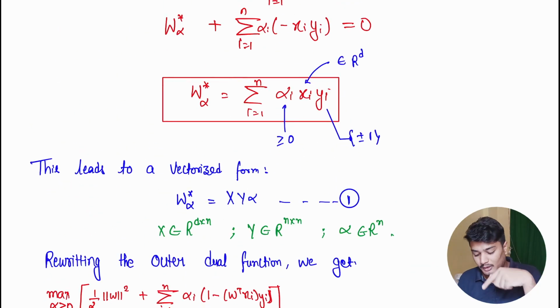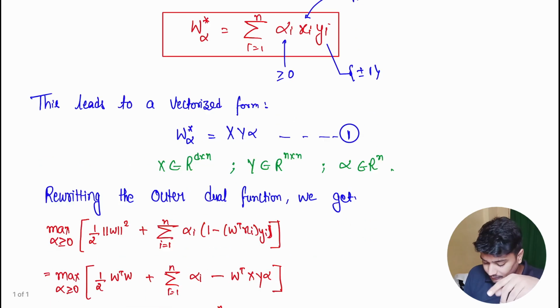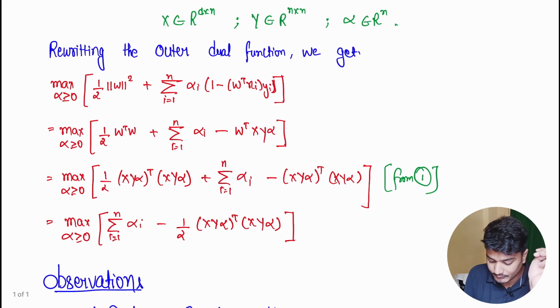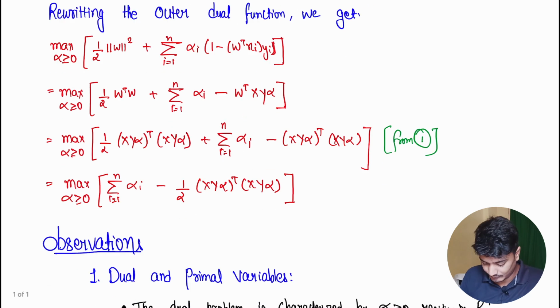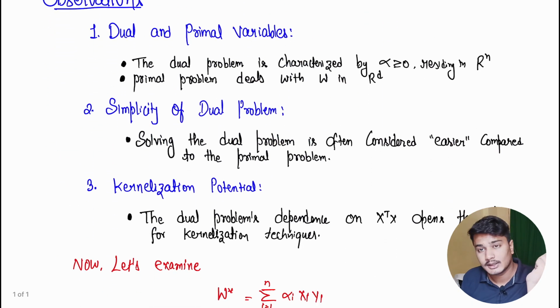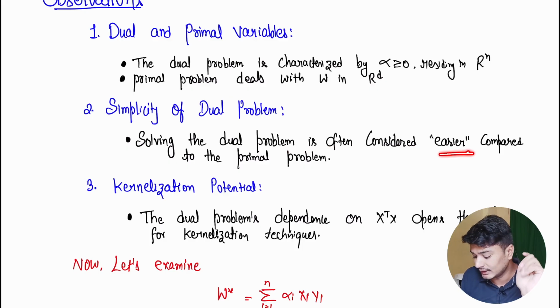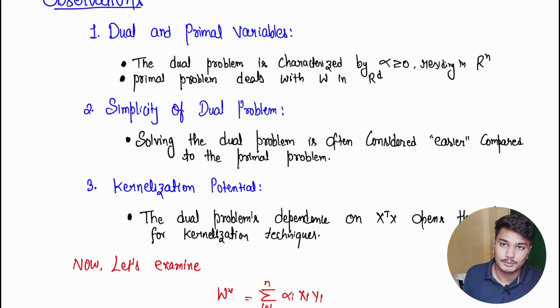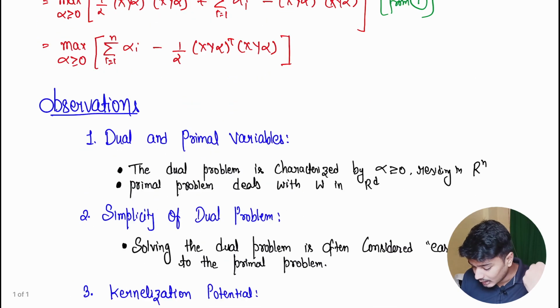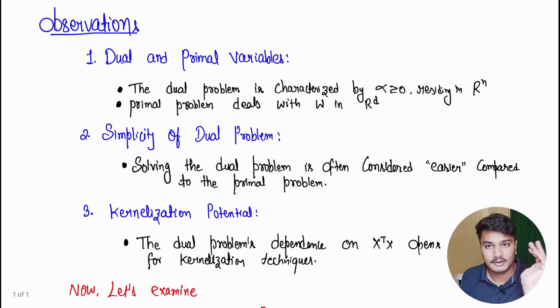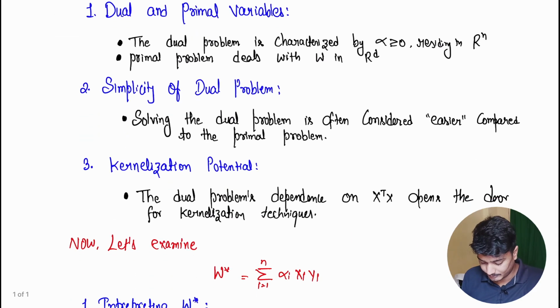The primal problem deals with w star, while the dual problem deals with alpha star greater than or equal to 0, right? Second is the simplicity of the dual problem. That is, solving the dual problem is often considered easier as compared to the primal problem. Okay, so solving the dual problem is easier than the primal problem.